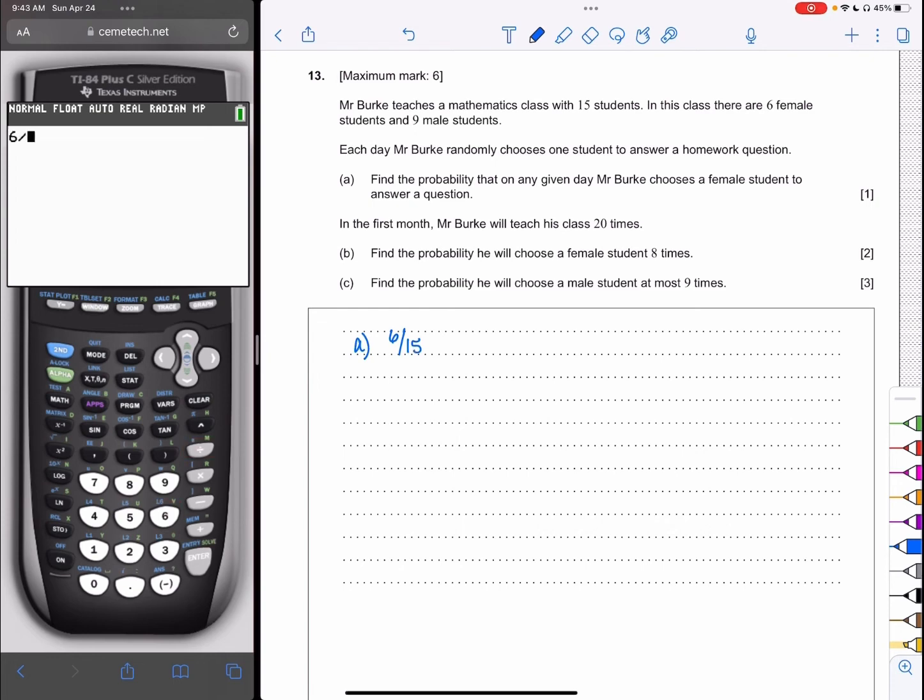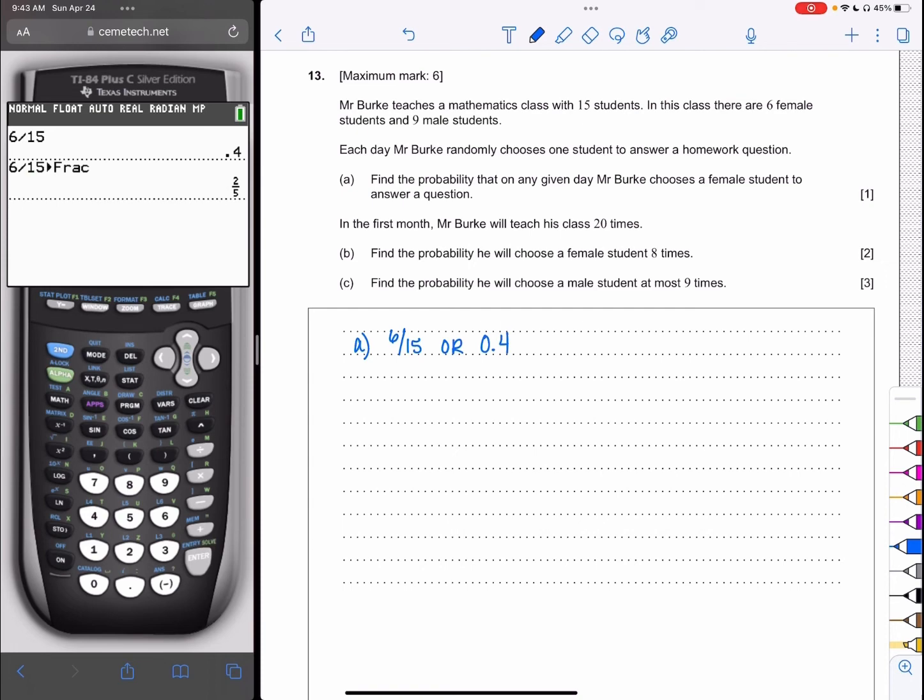If you want to put it as a decimal, you could. It does not matter which, or you could say 0.4. If you wanted to give it as a simplified form of 6 over 15, you could have put it in the calculator and simplified it. 2 over 5. Same thing. Does not matter. You would get the same answer.